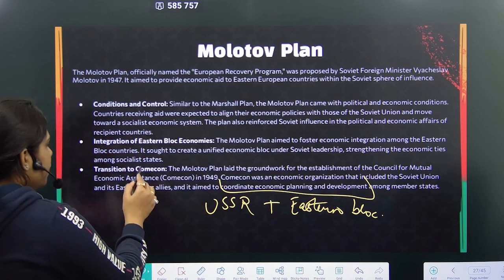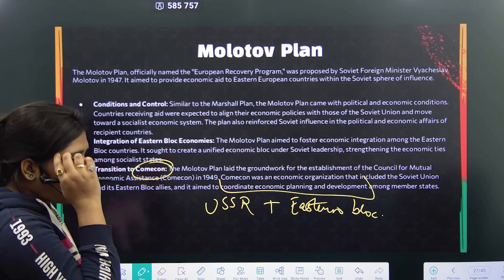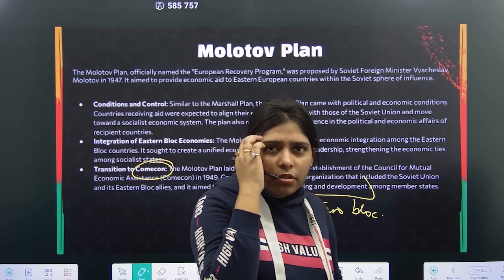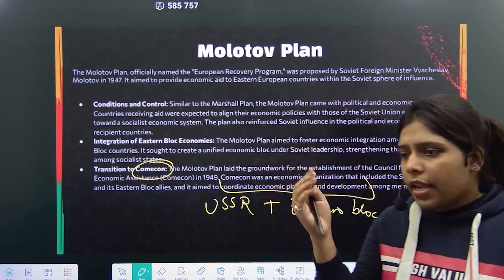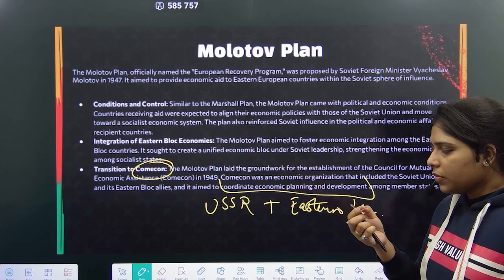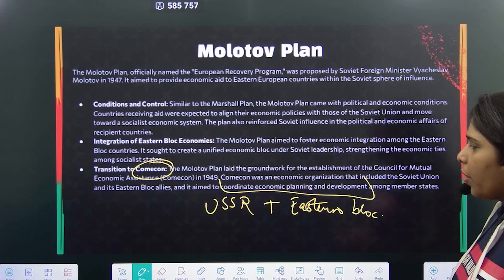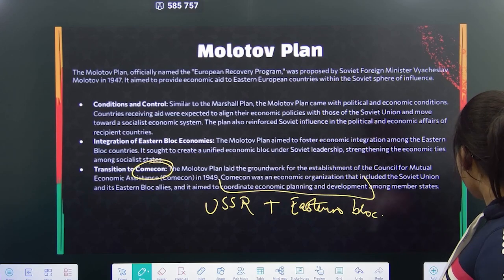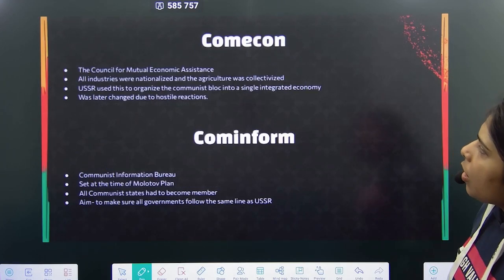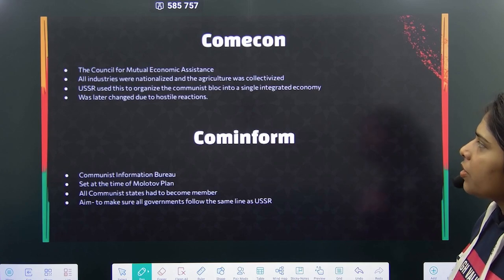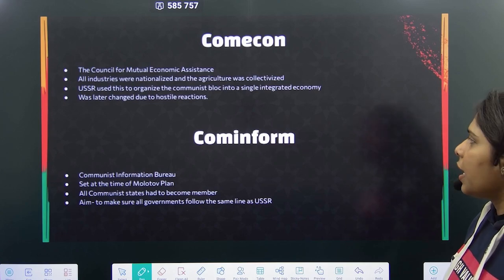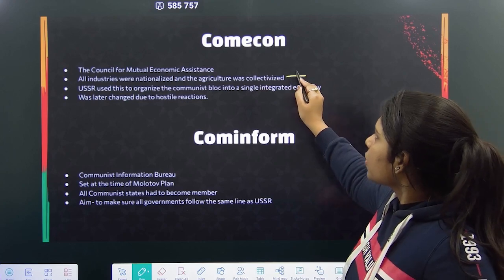It was an organization that was formed, just like nowadays we have organizations like G7 or Quad. Similarly, in Comecon, all industries were nationalized and agriculture was collectivized in the member nations.